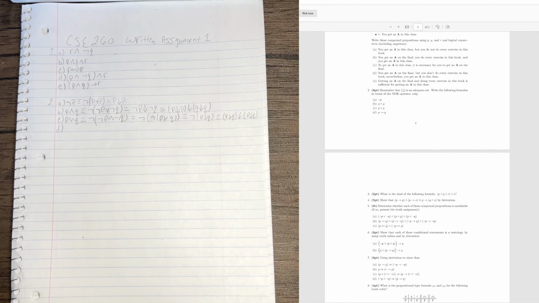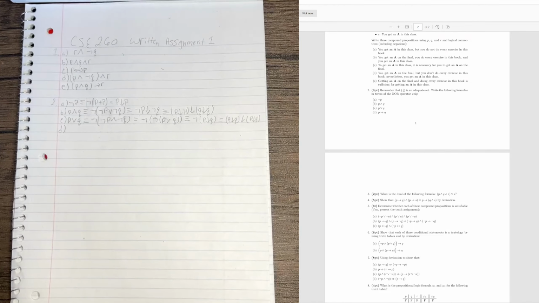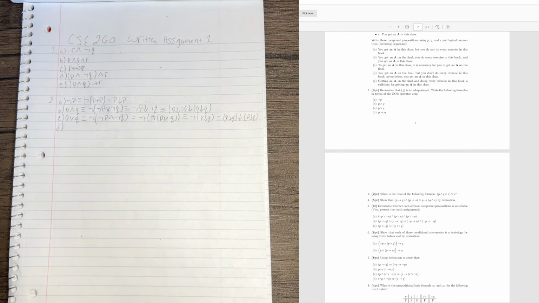Now I need to know. I need to remember these conversions too, for the ones I'm not as familiar with. Like this IF one. How do you convert that into AND gates and such? There it is.